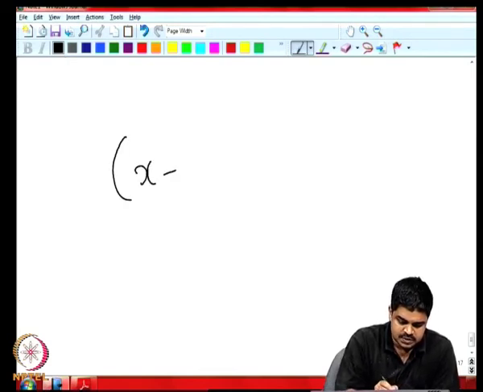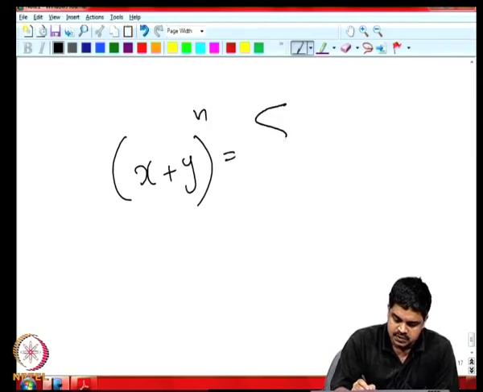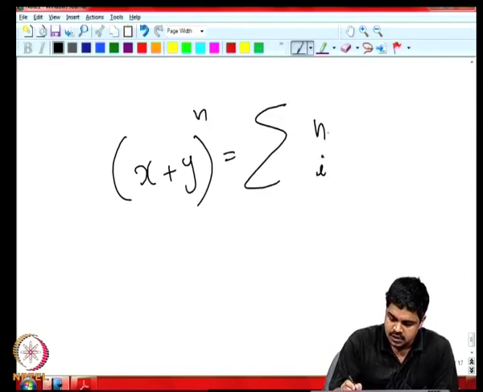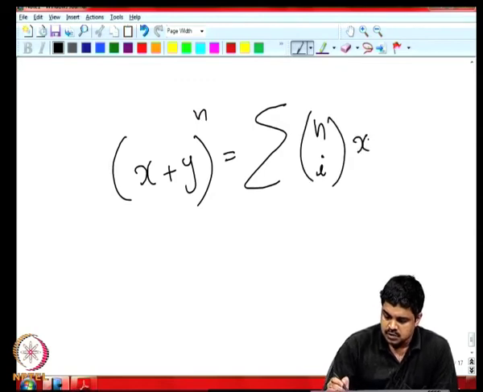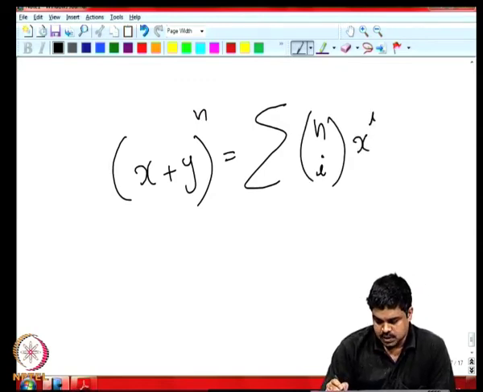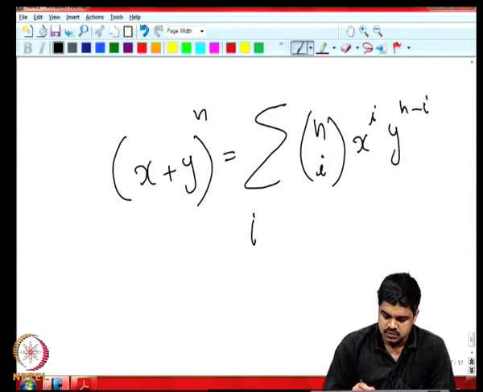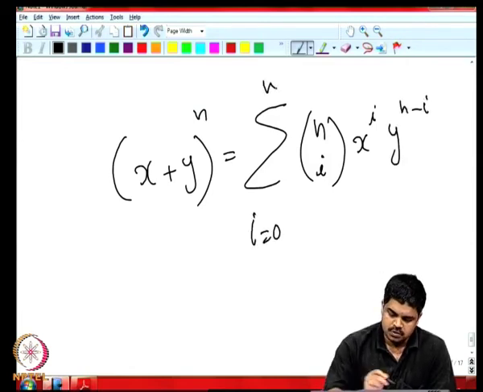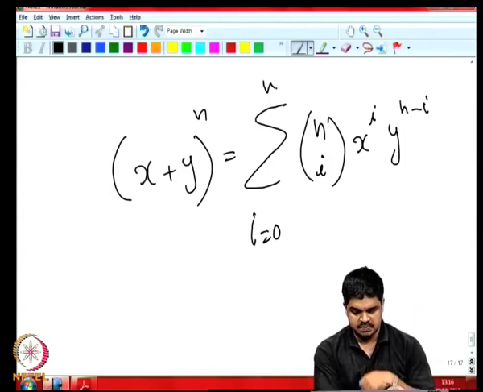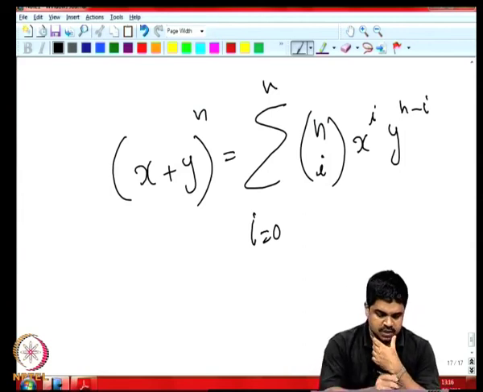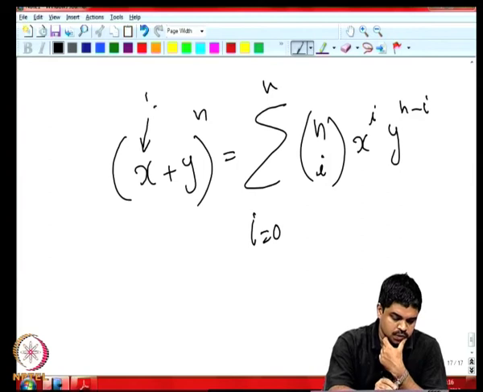For instance, x plus y raised to n equals, this was the formula, the sum of n choose i, x raised to i into y raised to n minus i, where i is going from 0 to n. So what can happen if I put x equal to 2 and y equal to 1?